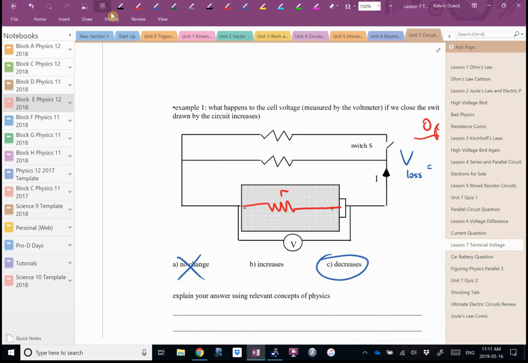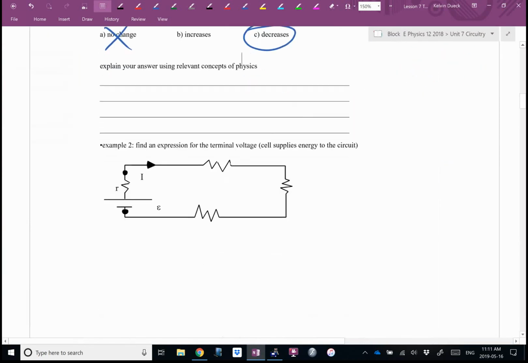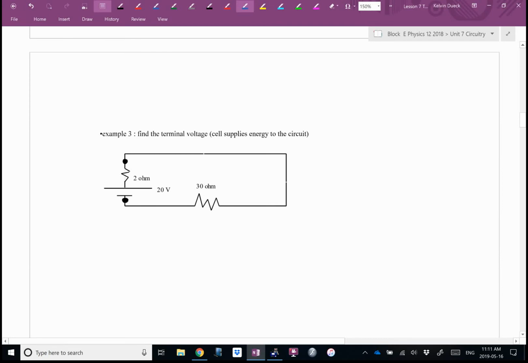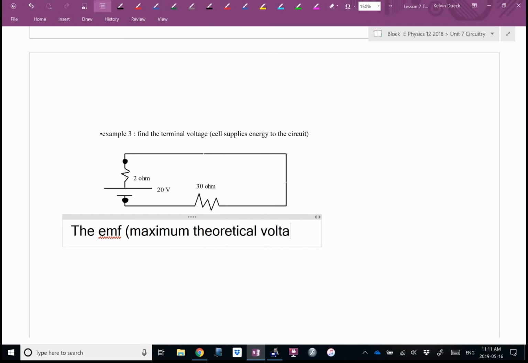Let's crunch some numbers. It says here, find an expression. Come back to that. Let's do example 3 with some numbers. So turn the page. Little note here, the EMF, the maximum theoretical voltage, is 20 volts.